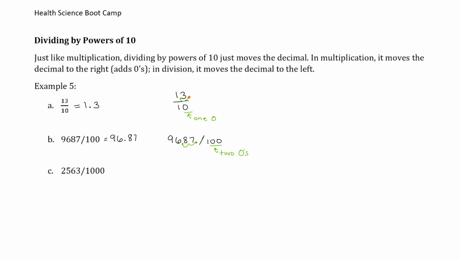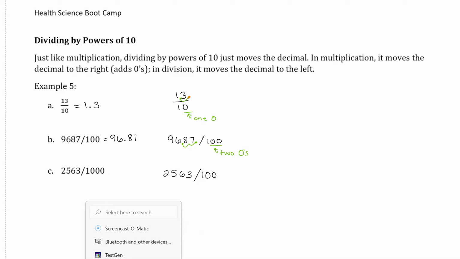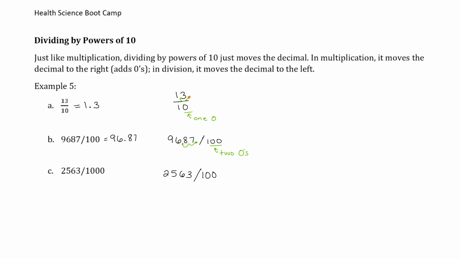Let's try one more. 2,563 divided by 1,000. Oops, 1,000. So 1,000 has 3 zeros.